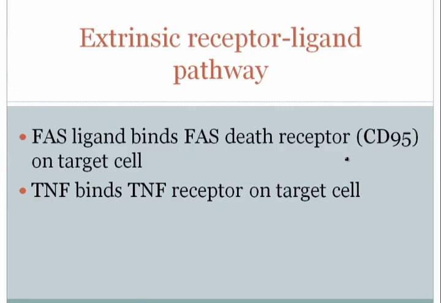In positive selection, they get asked the question, do you, i.e. the T cell, have the ability to bind self-antigen plus MHC? If the T cell has the ability to bind self-antigen plus MHC, it survives positive selection and goes on to the next test.